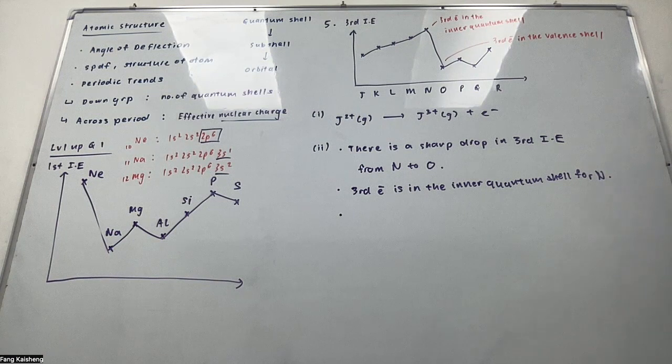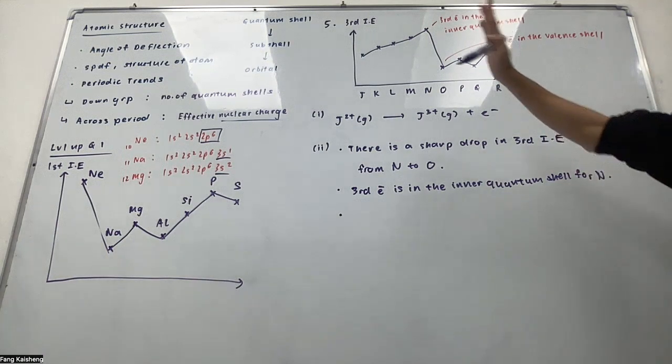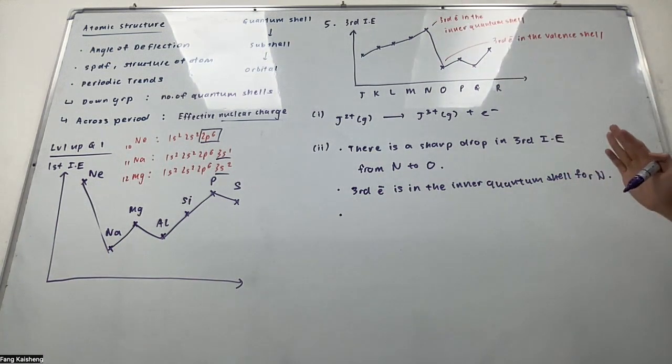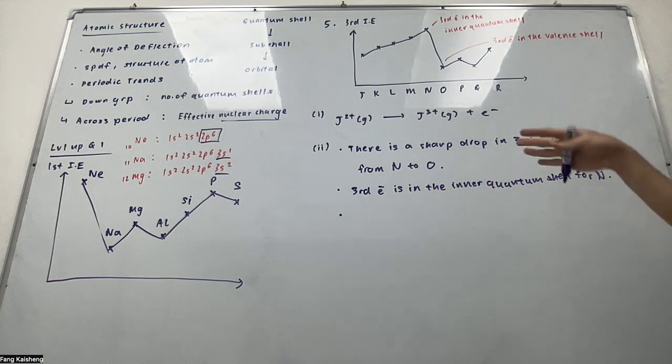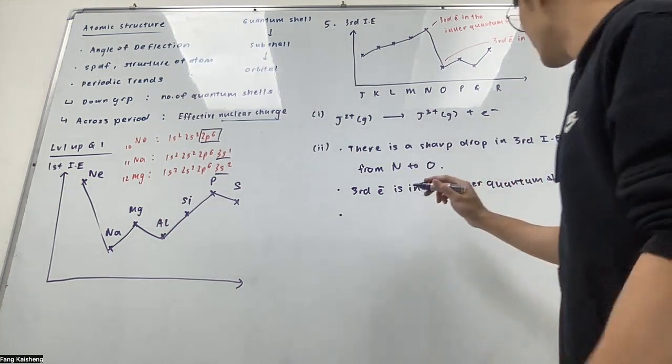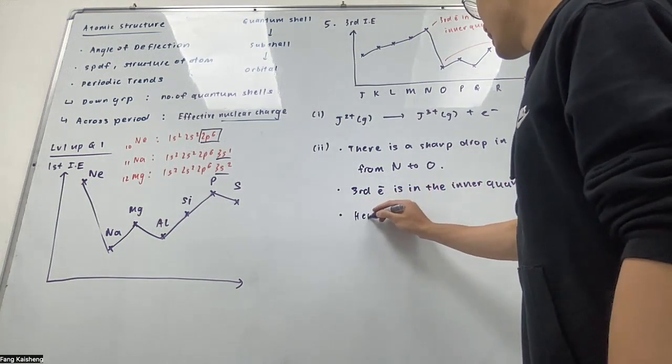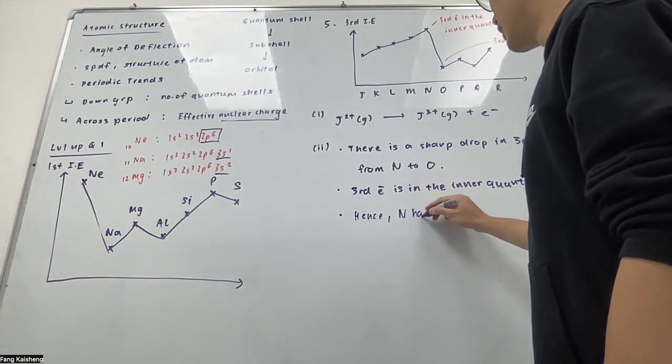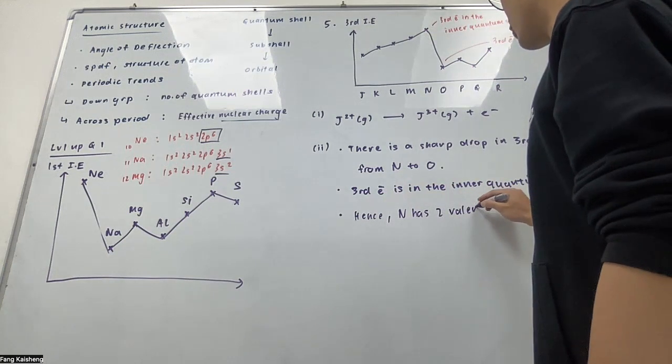Don't get fazed by the tree over there. If you have the third electron in the inner shell, how many are in the outer shell? 2, exactly. So, hence, N has 2 valence electrons.